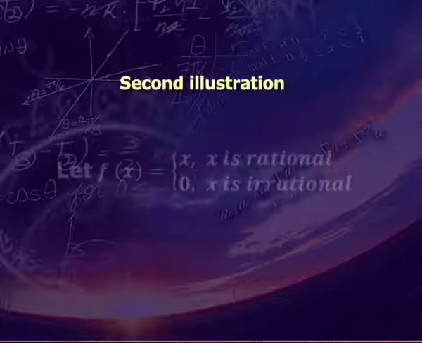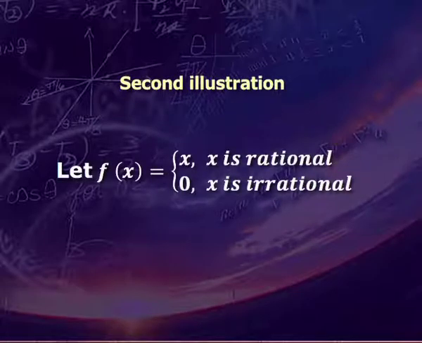Second illustration, let f(x) be equal to x when x is rational and f(x) be equal to 0 when x is irrational. Note that this function oscillates so fast that it is difficult to plot its graph even in the tiniest interval.